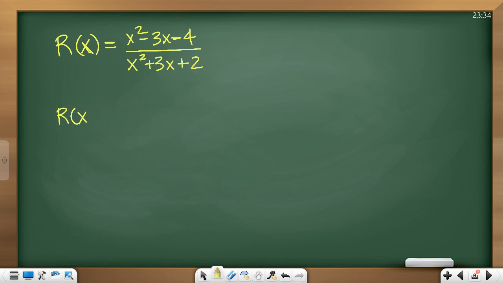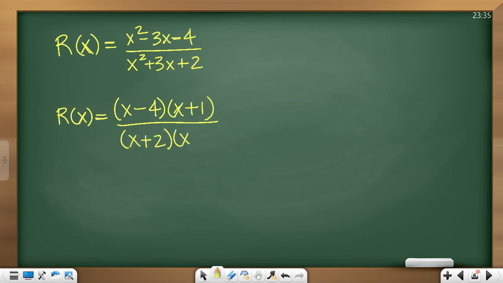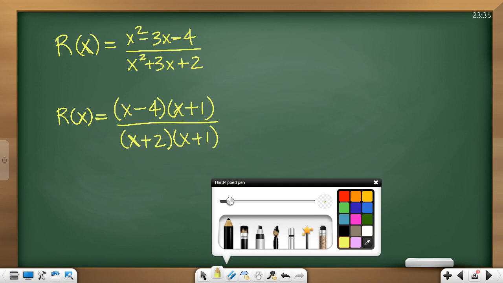So I have r of x equals x minus 4 times x plus 1 on the top, over x plus 2 times x plus 1 on the bottom. And so I have these two forms.